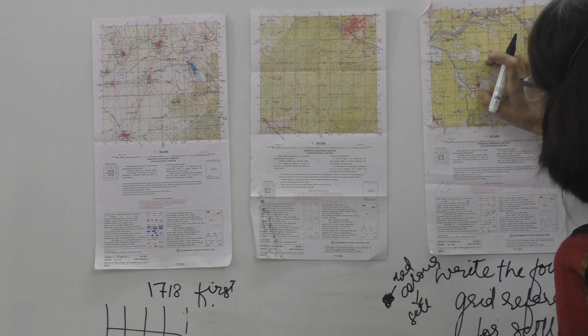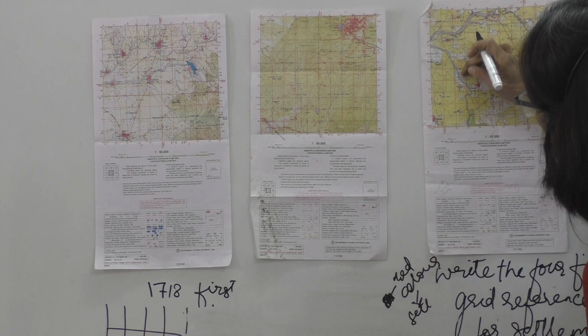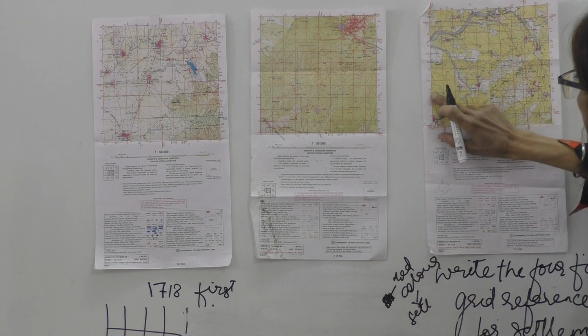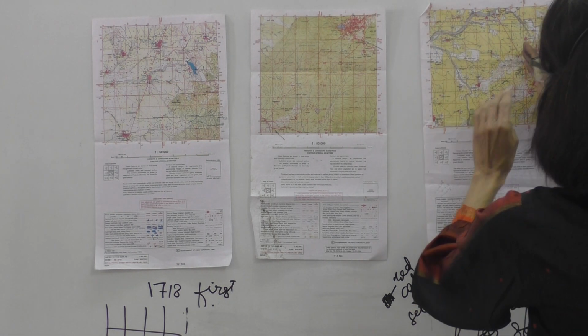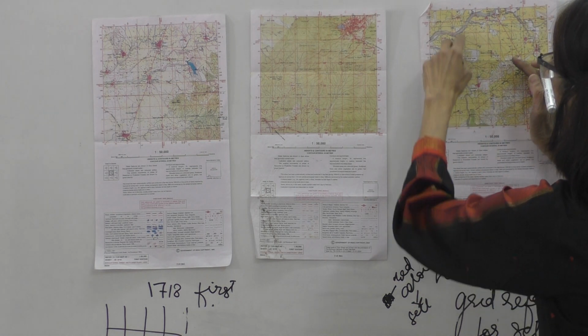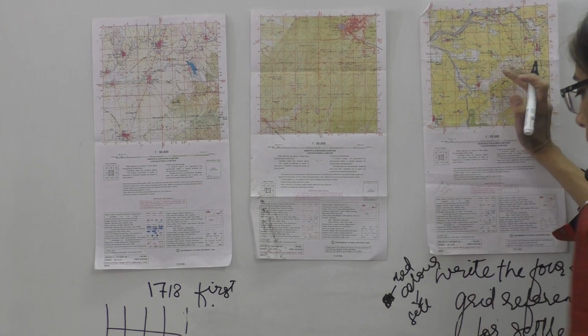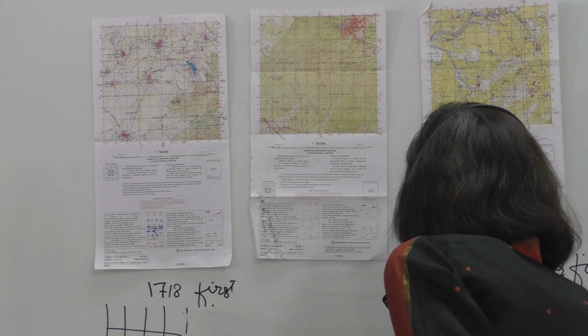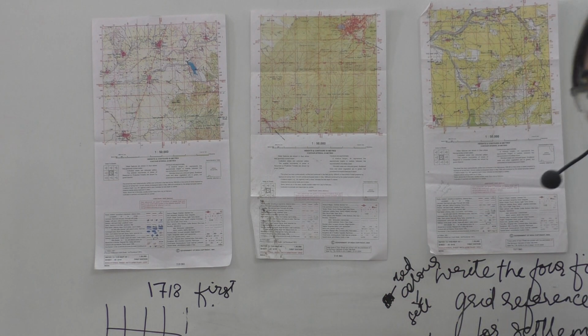So you are writing first the easting 05 and 04. Just before this Makawal, the easting is 05, and below that is 04. So 05, 04 is your value for the settlement of Makawal.